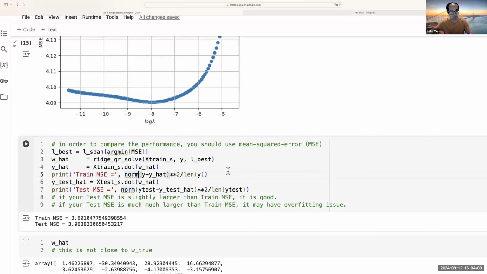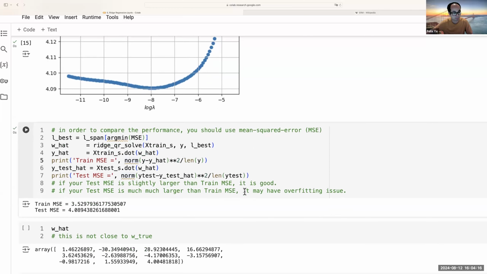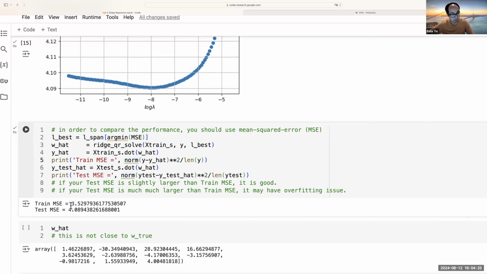And you can compare the performances with training MSE and testing MSE. So you can see for the training MSE right here, if we're choosing this lambda best, it is about 3.52, and the testing MSE is 4.08. If the testing MSE is slightly larger than the training MSE, it is good.